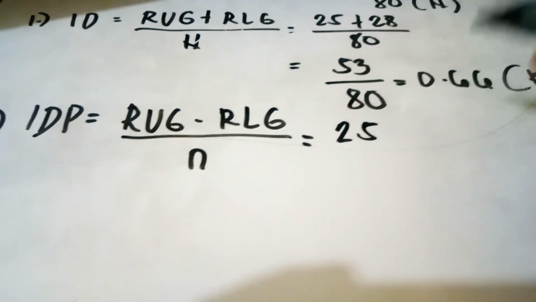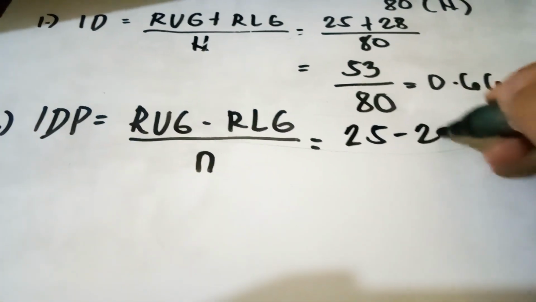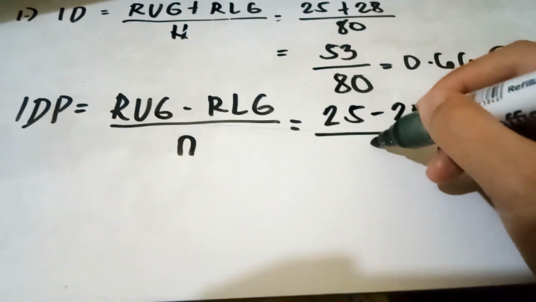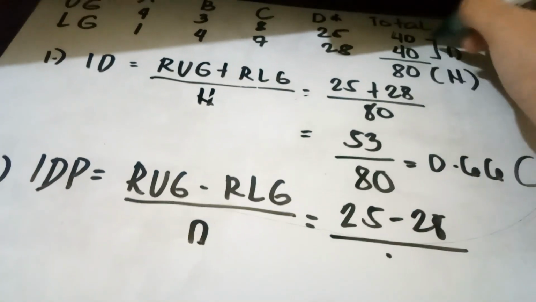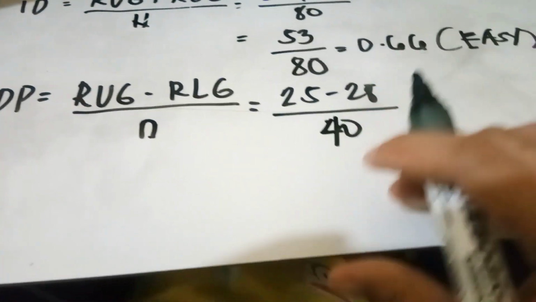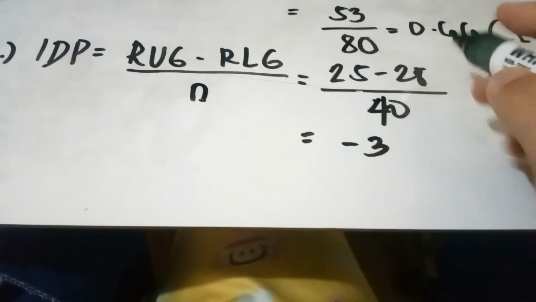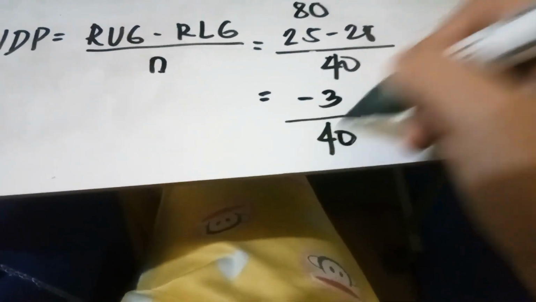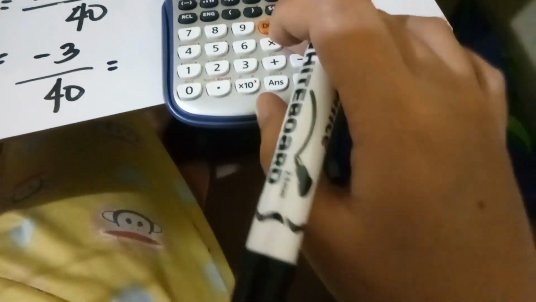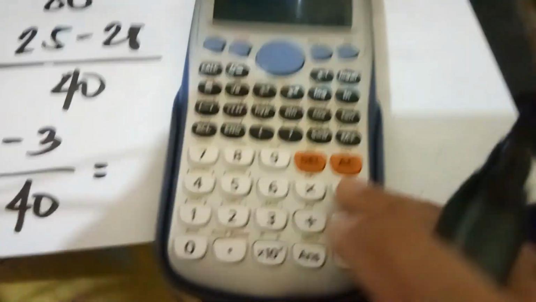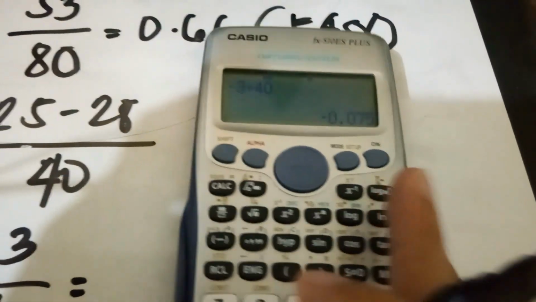The correct answer from the upper group, subtract the lower group, and then divide it by small letter n, which is 40. So, 25 minus 28, so we have negative 3 all over 40. What is the answer? Negative 3 divided by 40. Answer is 0.075.